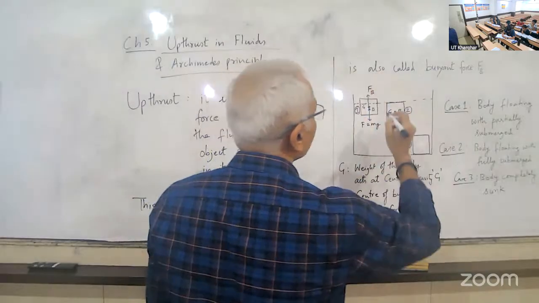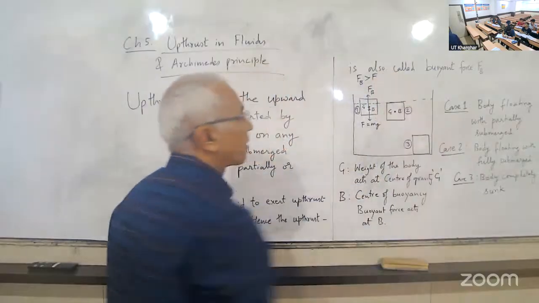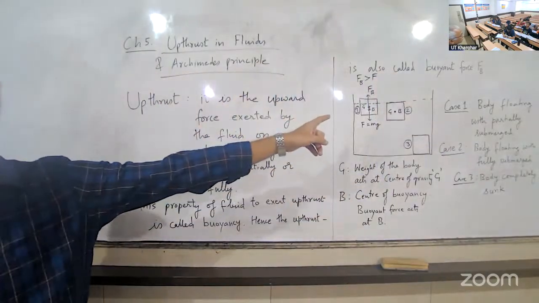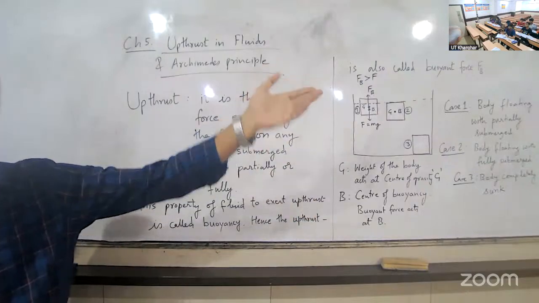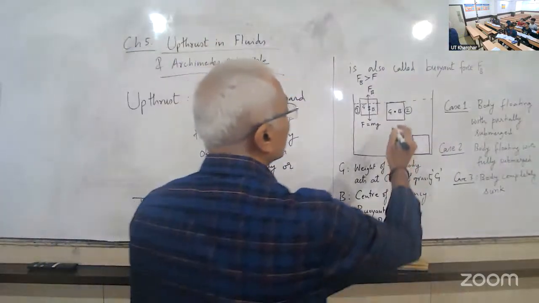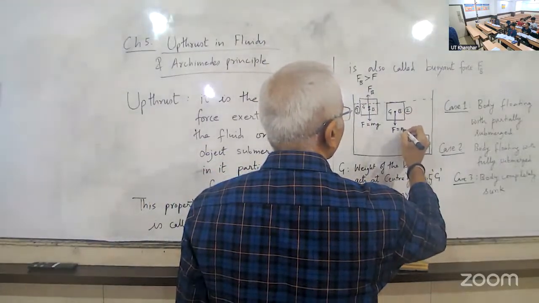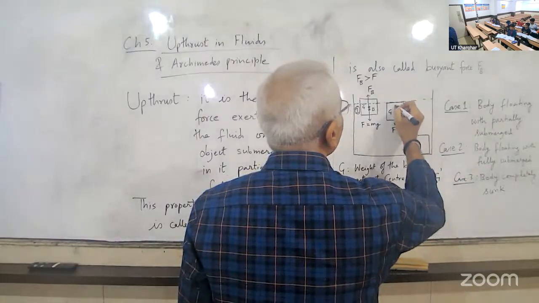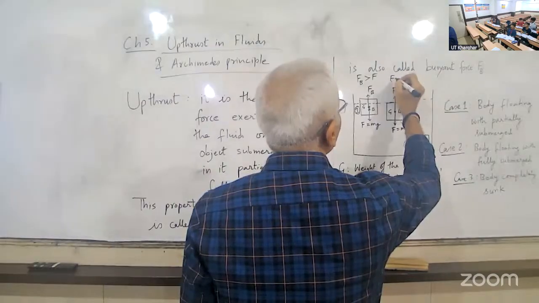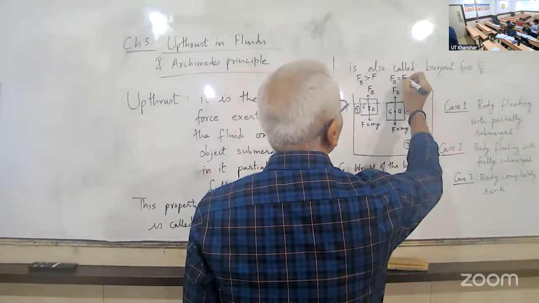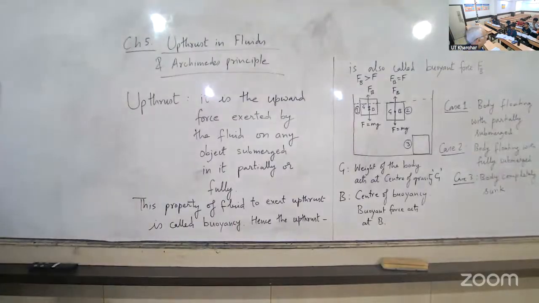In this case, FB is greater than F. In the first case, buoyant force is greater than the weight. That is why the body is floating. Here mg is downward and this is upward. In this case, buoyant force is equal to the weight of the body.